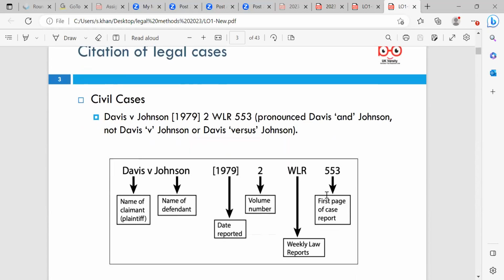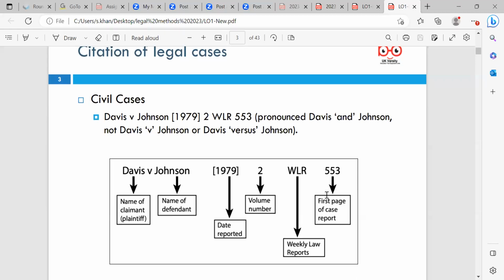The first bit, Davies, is the name of the plaintiff, the claimant. Then you have Johnson, who is the name of the defendant. 1979 is the year the case was reported, and then 2 is the volume number.